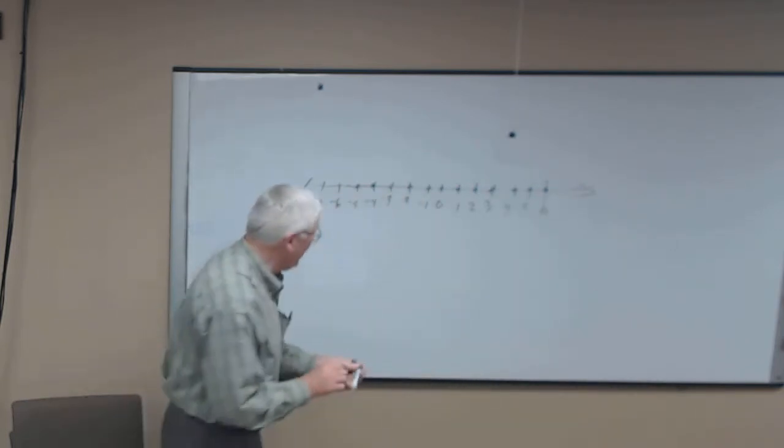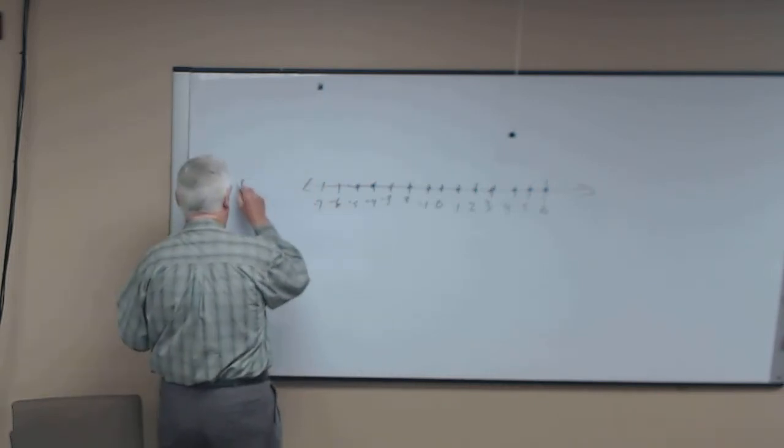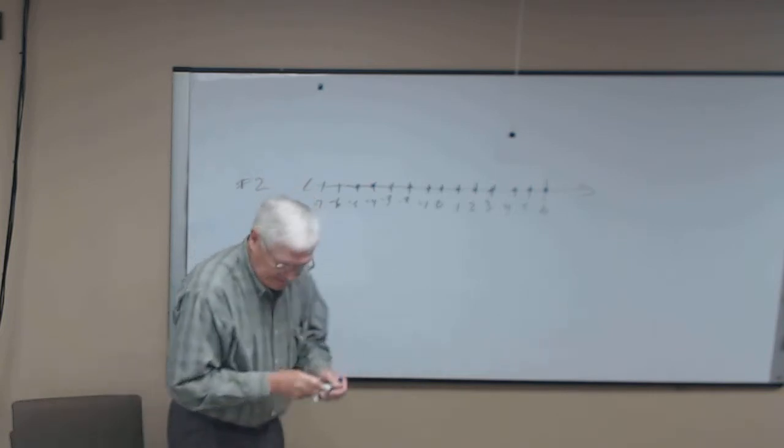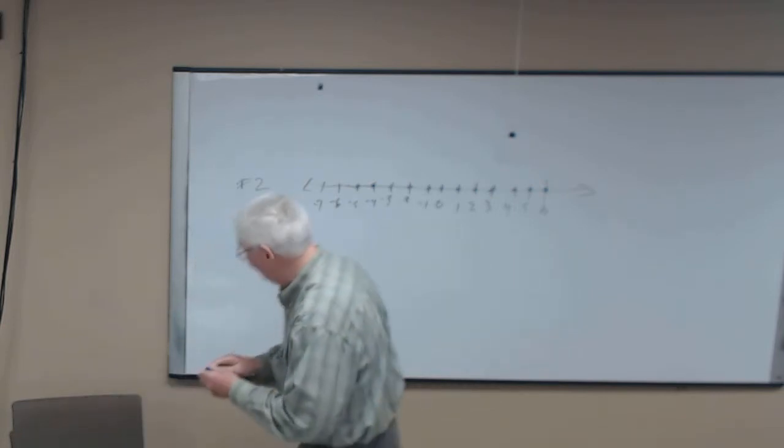Now for problem number 4, this is problem number 2. For problem number 4, it says, now watch how this reads. Graph the natural numbers between -2 and 4.